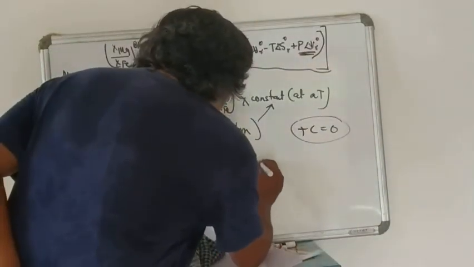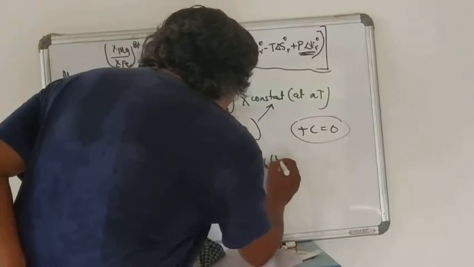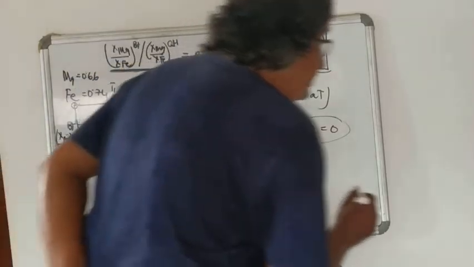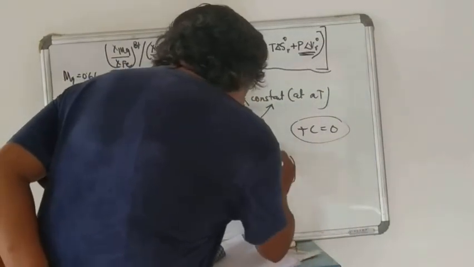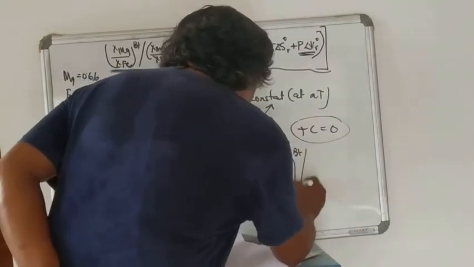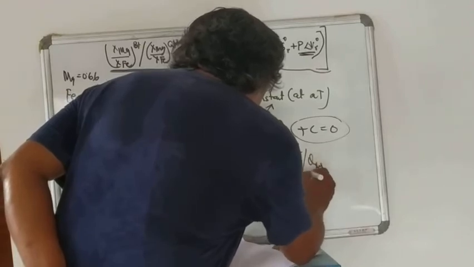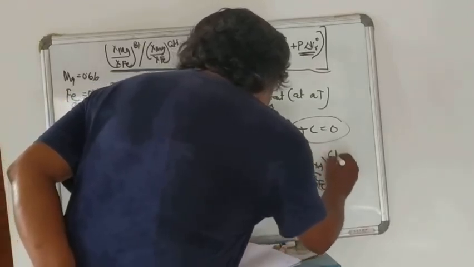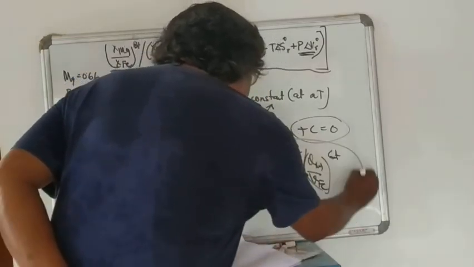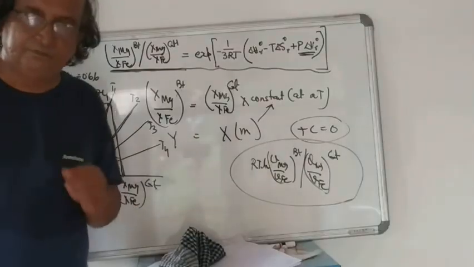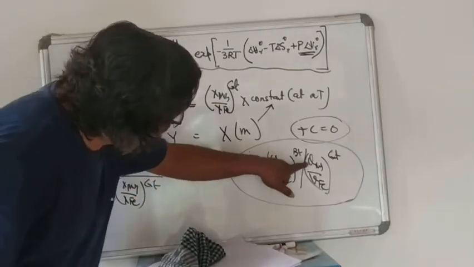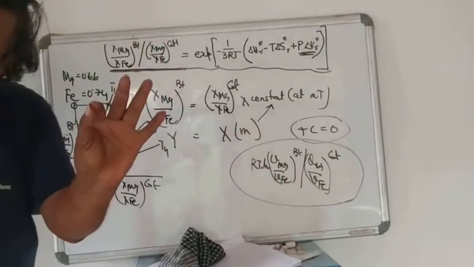The gamma terms were, if I can tell you again, RT ln gamma Mg by gamma Fe in biotite divided by gamma Mg by gamma Fe garnet, this term. I have neglected this term. It means either the individual gamma values are 1.